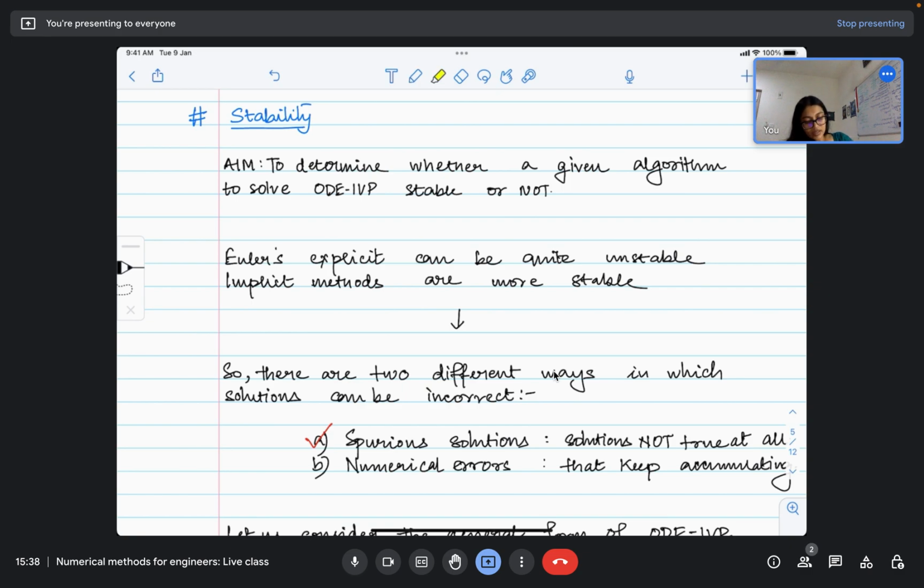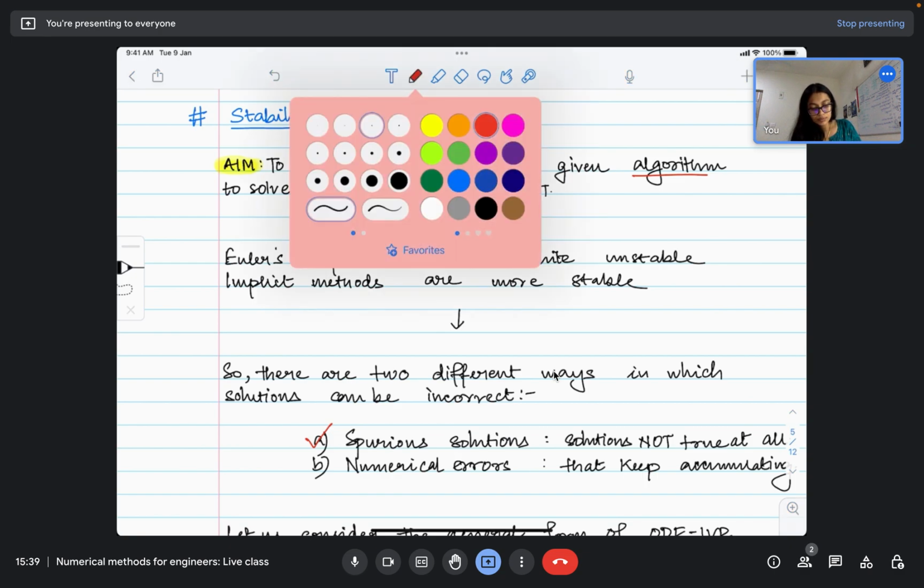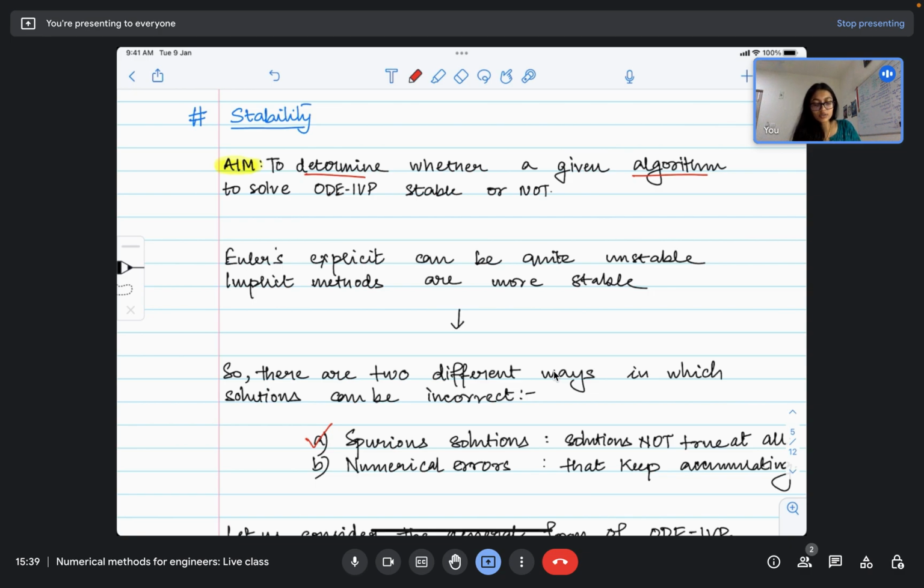So the aim in this part is basically to determine whether a given algorithm that we are using to solve an ODE IVP is stable or not.